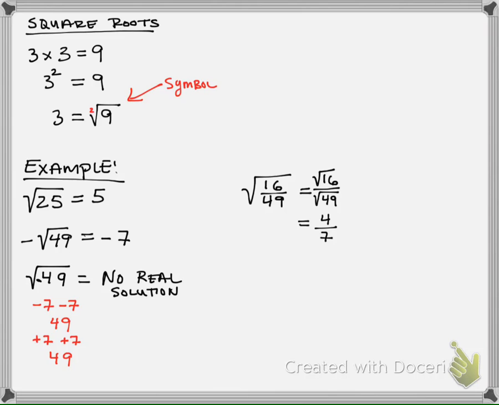So our answer is 4 over 7. Alright, you try this one. What is negative the square root of 100? Okay. So negative the square root of 100 is negative 10 in this case. Very good.